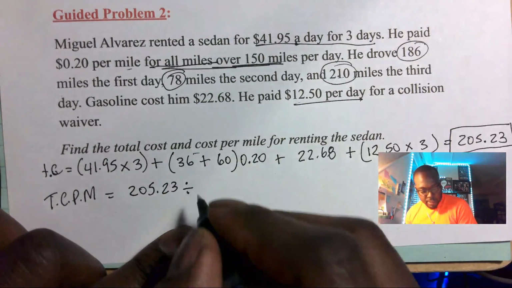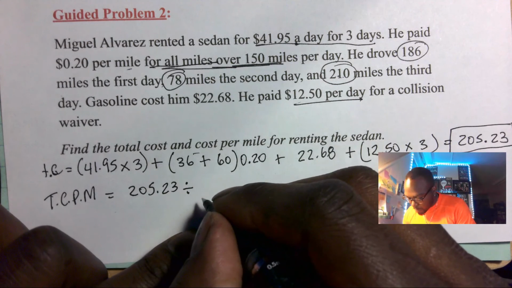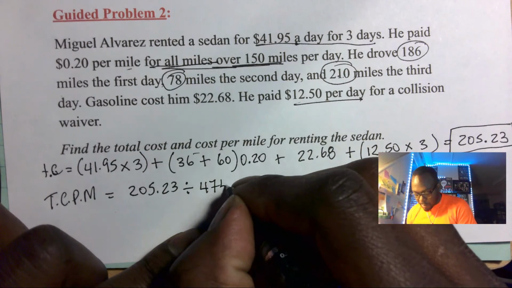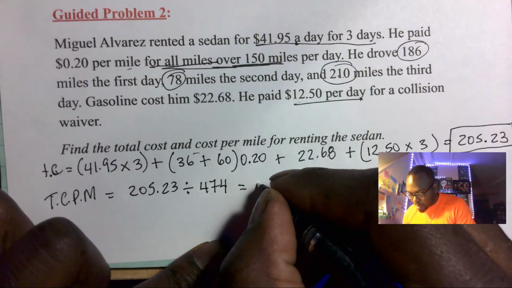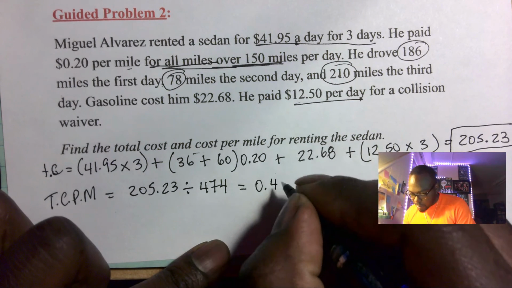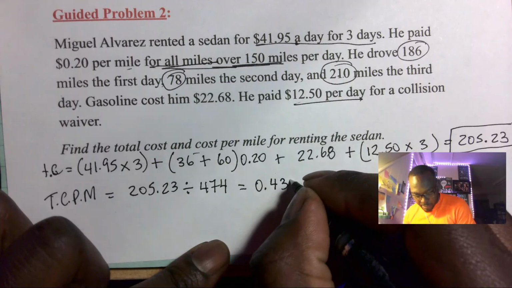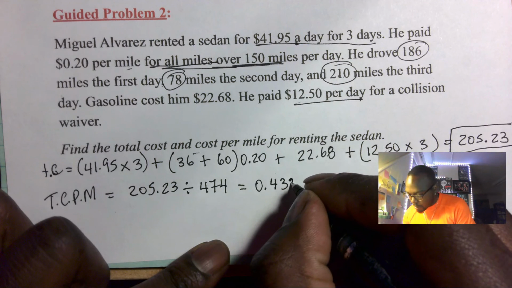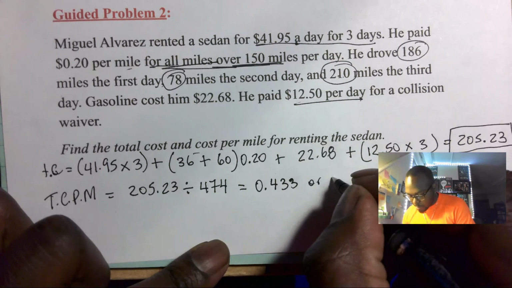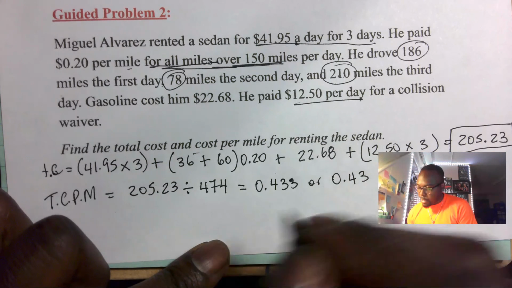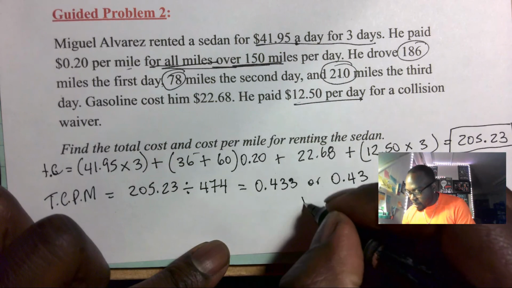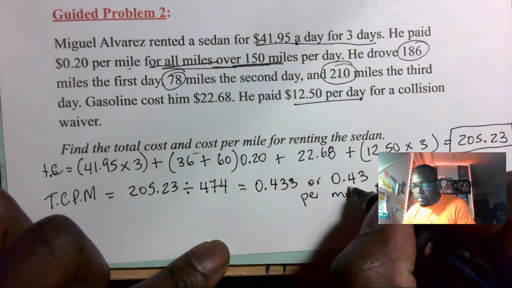That gives me a total of 474. When I divide this, I get 0.433, or 0.43 per mile.